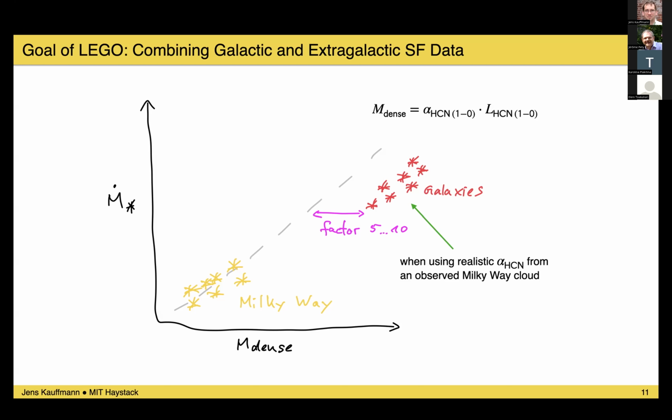But in some sense, either galaxies form stars differently than the solar neighborhood, or we still have to better understand how exactly we relate dense gas and star formation through specific emission lines, and that may be HCN. HCN might not be your line of choice to do that. That might be the other lesson.